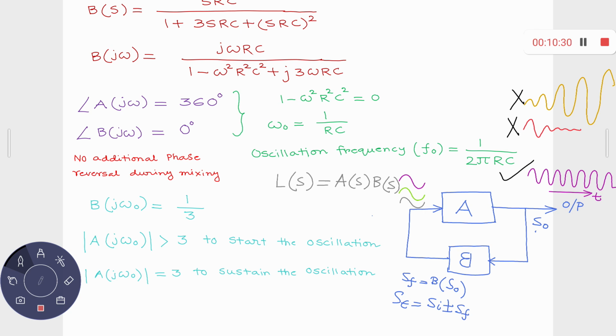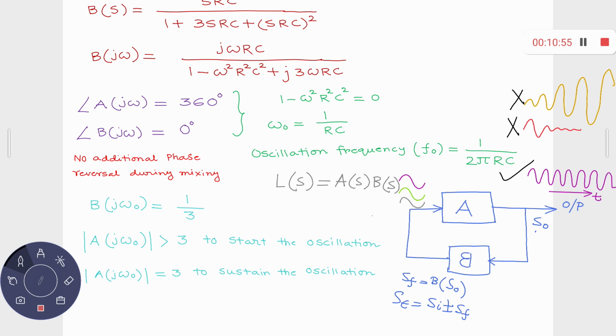Typically it's a wideband noise. It can have a frequency range from a few hertz to a few kilohertz, or tens of kilohertz, hundreds of kilohertz. And for a given R and C value, as we discussed for the RC oscillator, this sustained oscillation takes place only for a single frequency. And we have calculated those two frequency values, one for the phase shift oscillator and another for the Wien Bridge oscillator.